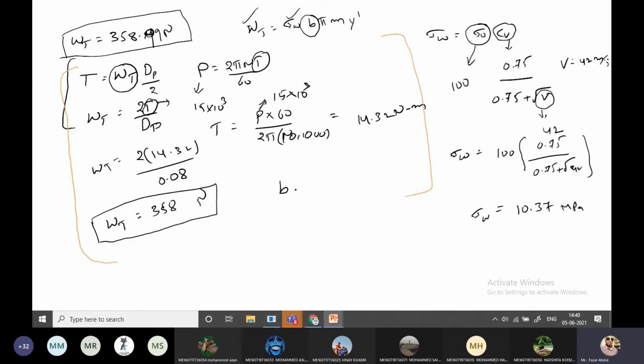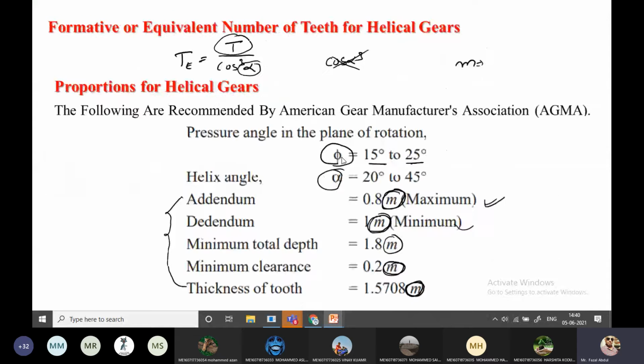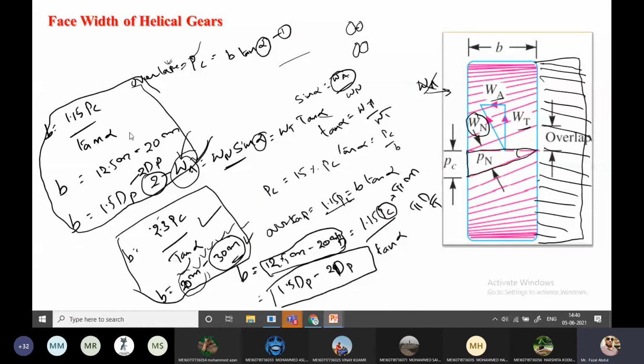So to get the B value, the question is calculating the module. First question, calculating the module. So that's the reason I am taking the face width in terms of module. See, in yesterday's class, for the single helical gear, the face width is given by 3 equations. One is the equation and 2 are the proportions. So face width equation 1.15 Pc by tan alpha. Another proportion is B is equal to 12.5 module to 20 module, in terms of module.